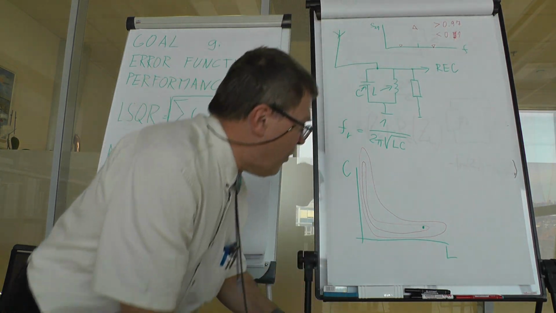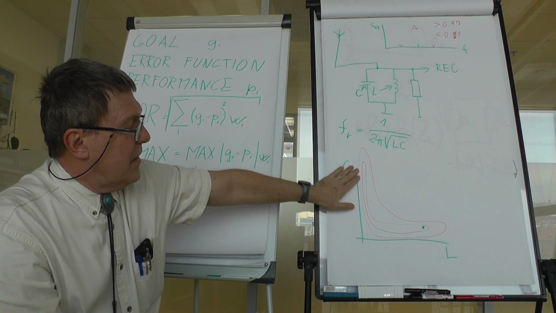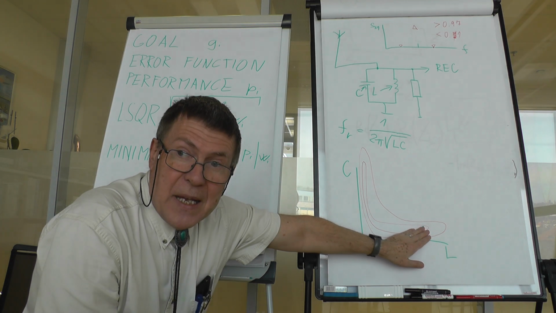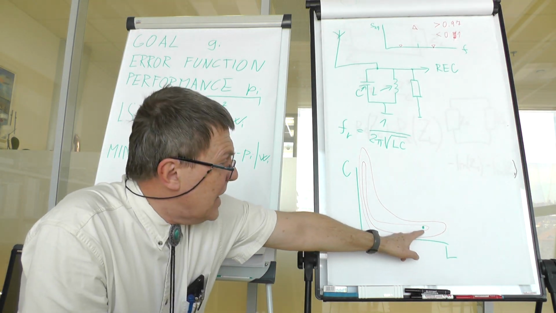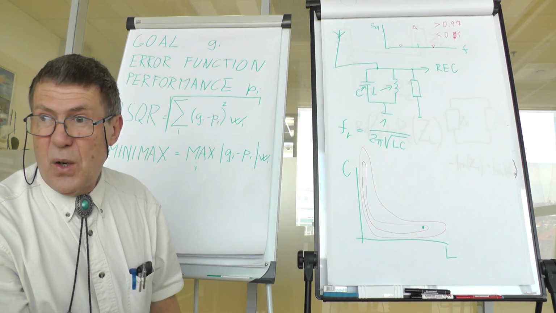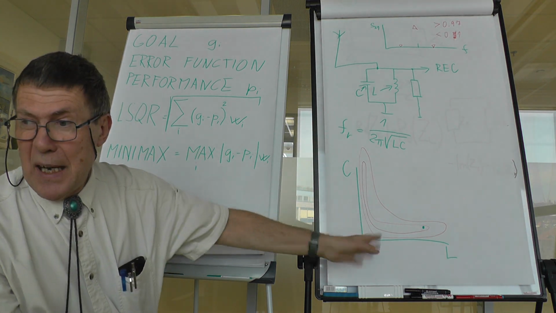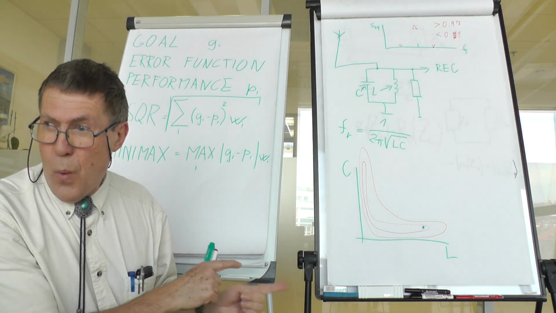So I have a narrow valley which has more or less some bottom, and within this bottom there is an optimum, a point where you really meet the design goals. And this is very difficult for optimizers, and I will soon show you why.